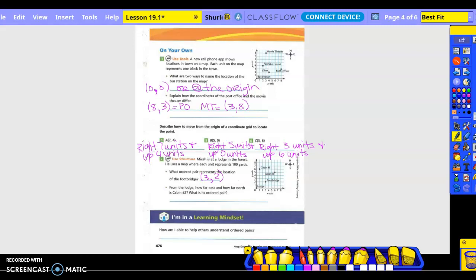Correct? From the lodge, how far east and how far north is cabin 2? So east, how far east? No. From the footbridge. 1, 2, 3. So 3 east.